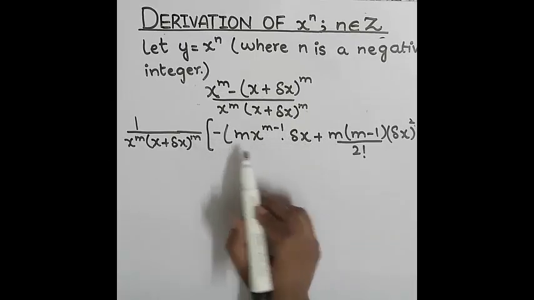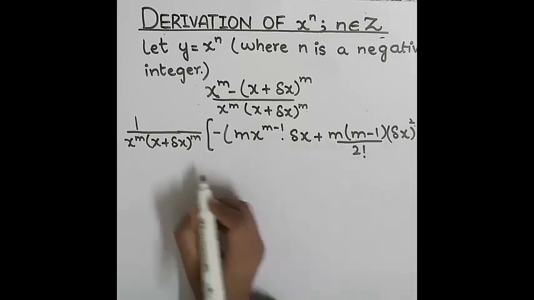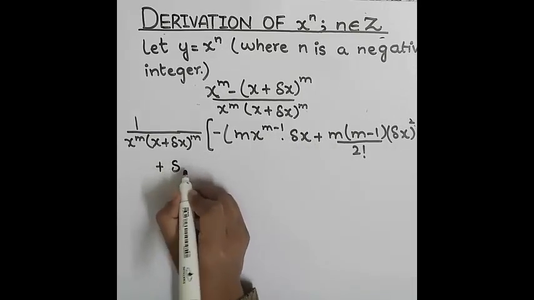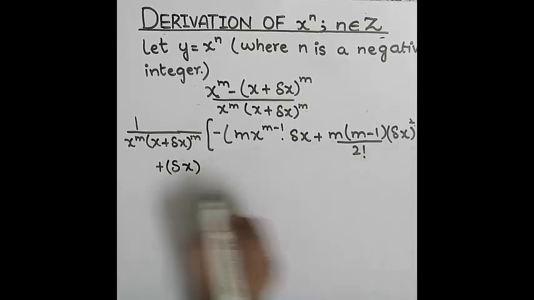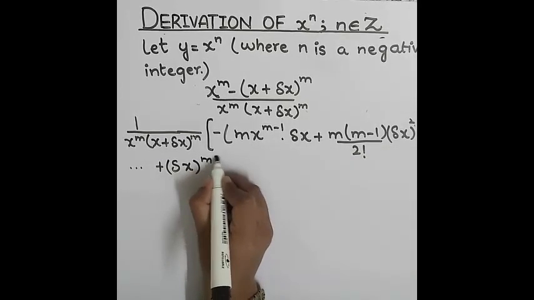So now can we take delta x common from all these terms? The last term is delta x^m.